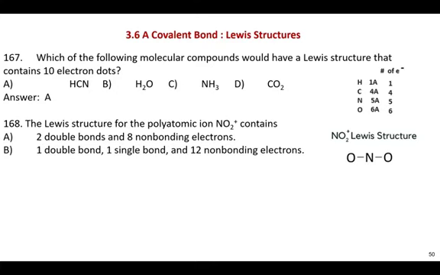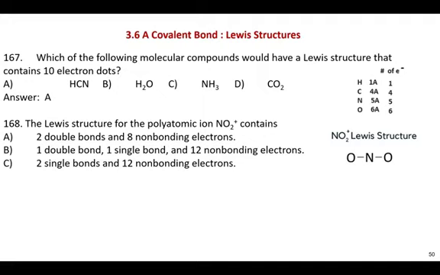I am counting here. That's 2 double bonds. That's the octet. I didn't draw the 2 double bonds. 2 double bonds, 8 non-bonding electrons. The answer is A.